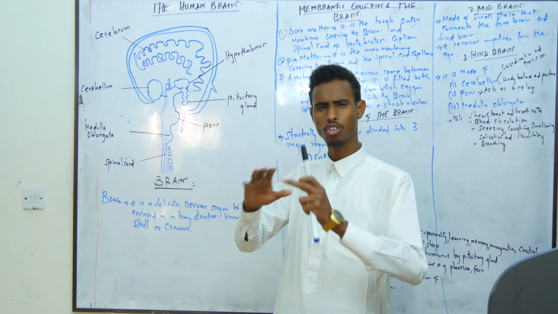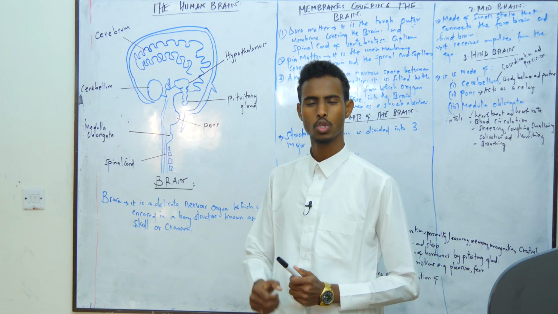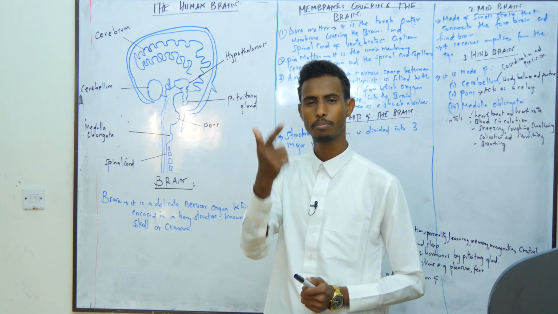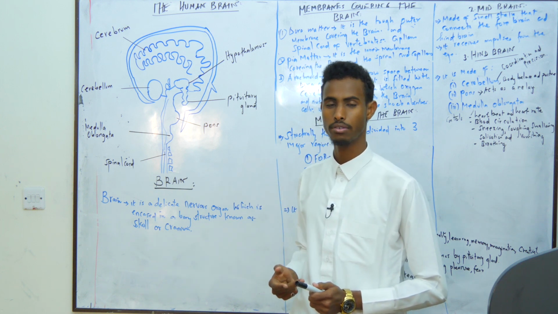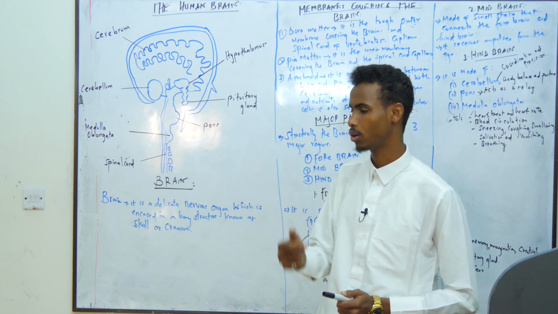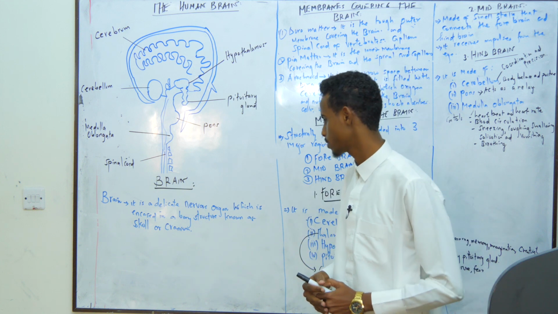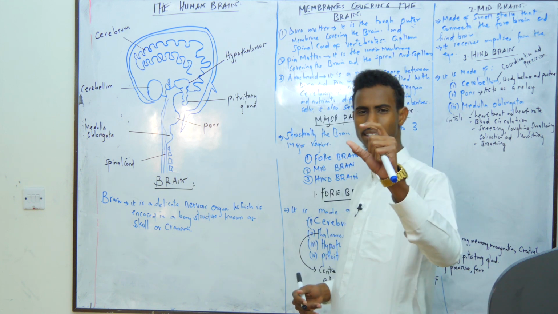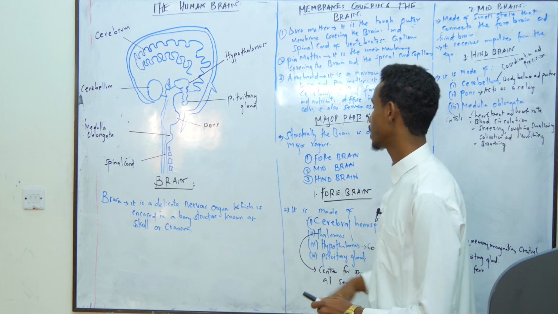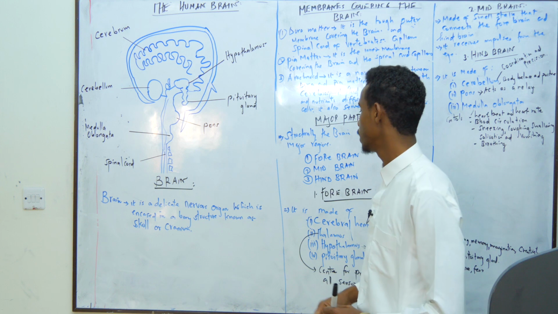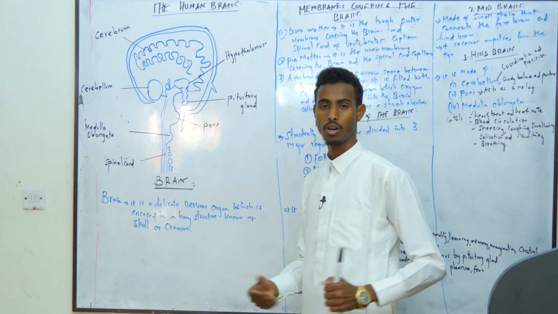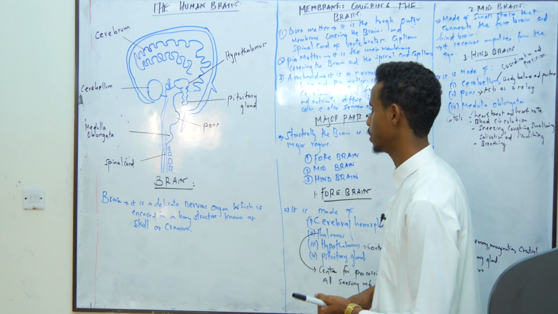The central nervous system is composed of the brain, the spinal cord, and the associated nerves, which are the cranial nerves and the spinal and peripheral nerves.